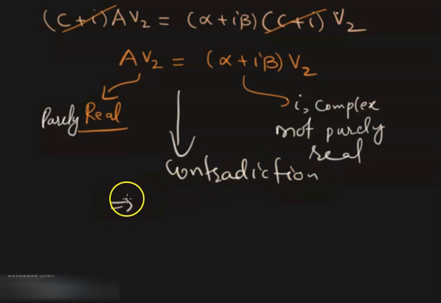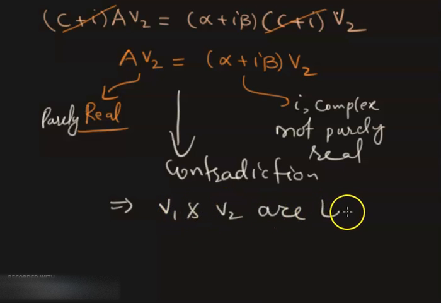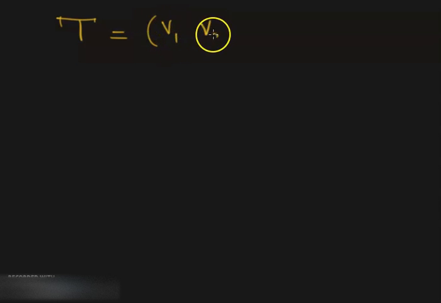And this is why we say that v1 and v2 are linearly independent vectors. So if these two are linearly independent vectors, then I can define T in this form, with columns v1 and v2.